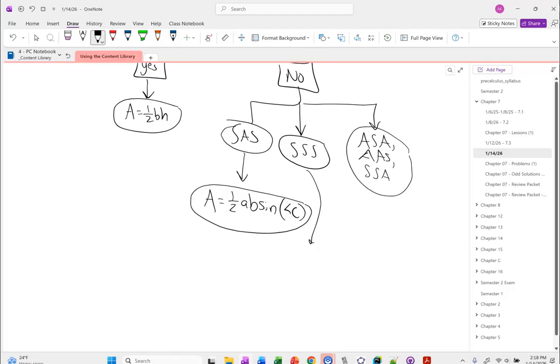So if you have a side angle side situation, we're going to use the formula area equals 1/2 A times B times sine angle C. Is the question before yes and no? Is it a right triangle?